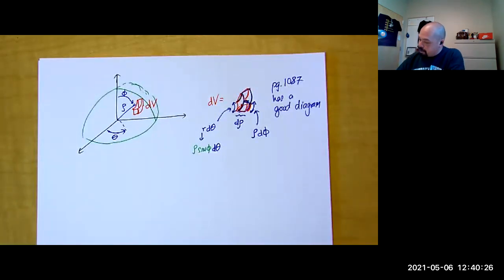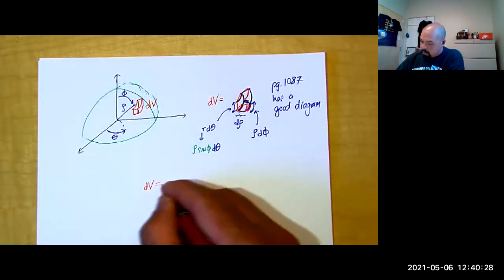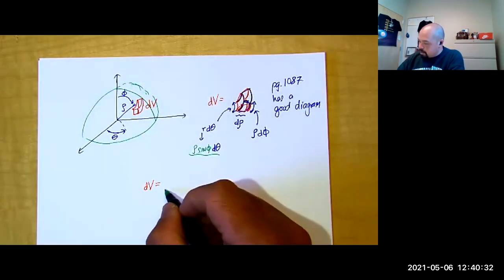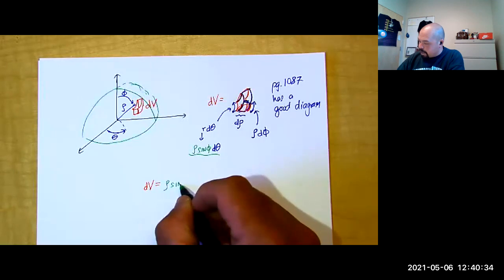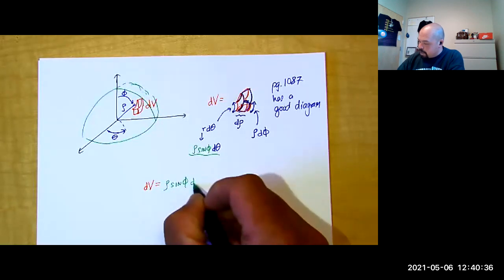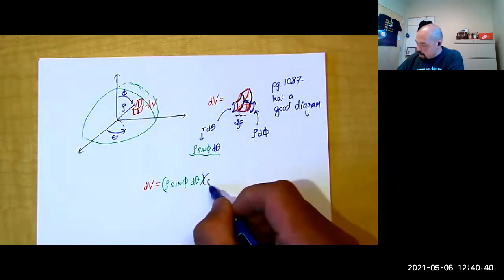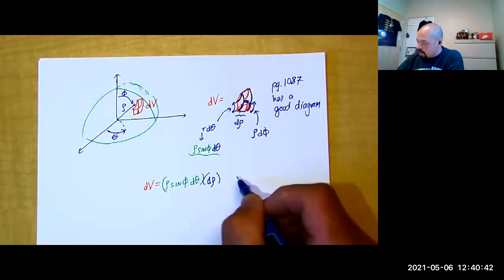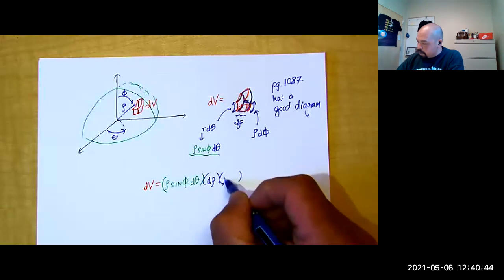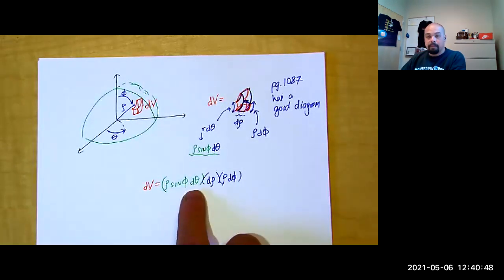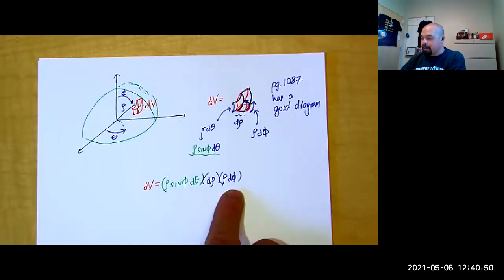So in turn, that dV becomes rho sine phi d theta, d rho, rho d phi. Those three components, probably theta, rho, phi. There we go, better.